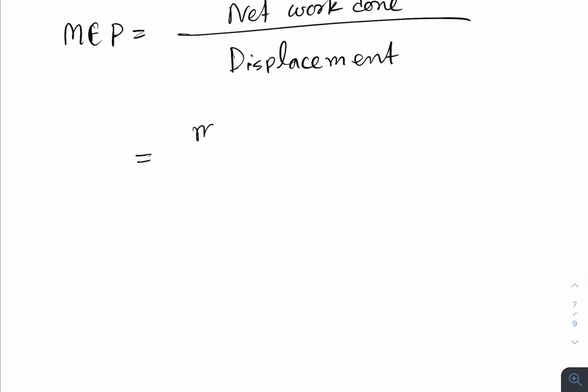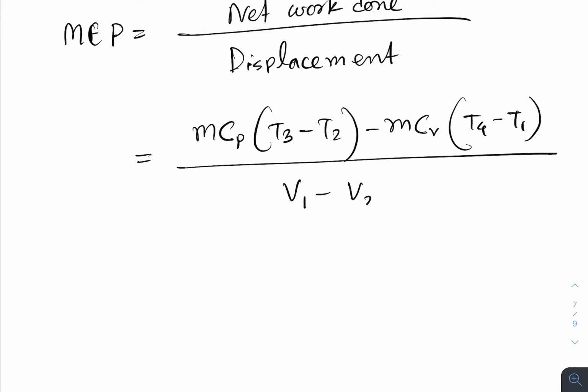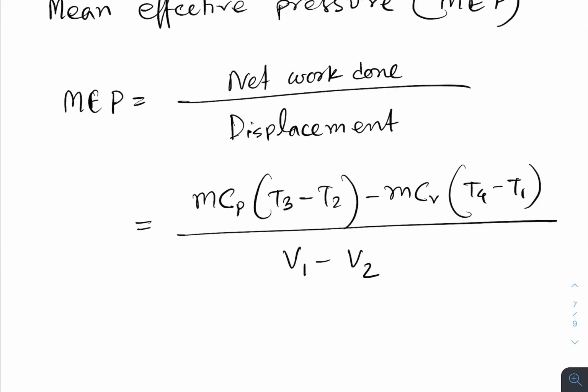The net work done, we derived, equals mcp of T3 minus T2 minus mcv of T4 minus T1, and the displacement equals V1 minus V2.